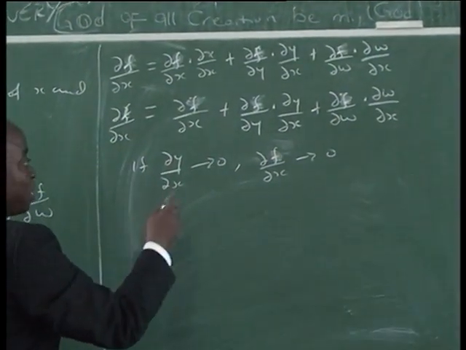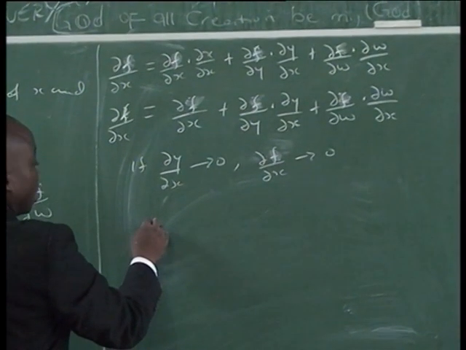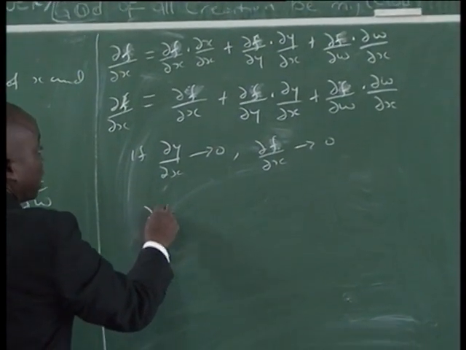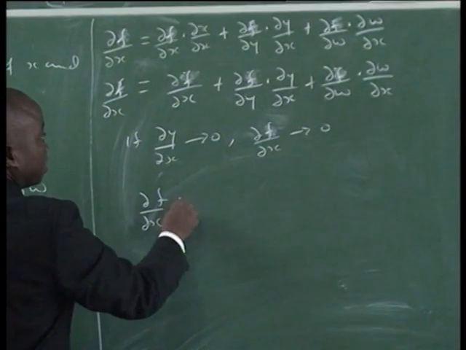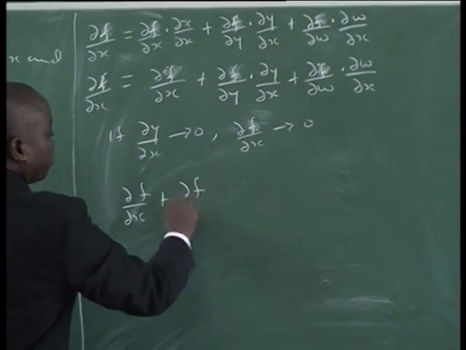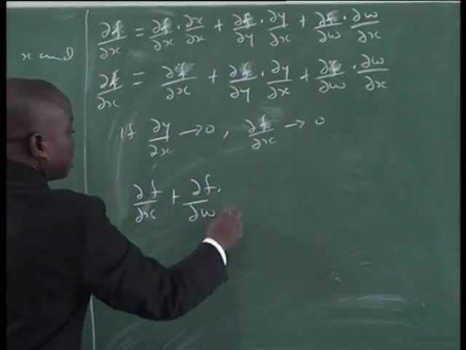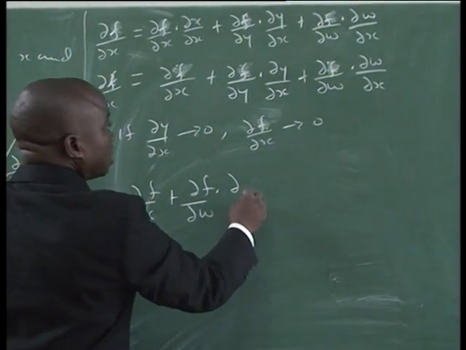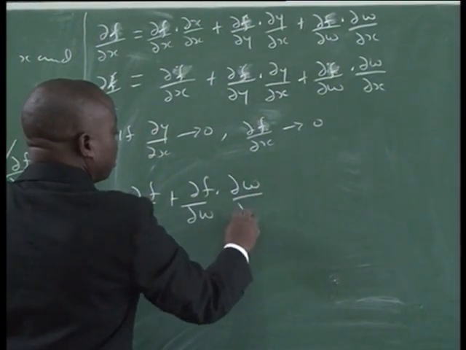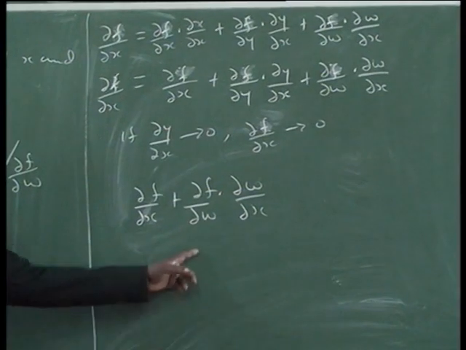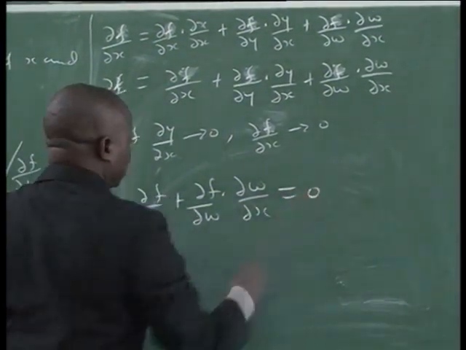Then what I will have here will be partial f, partial x plus partial f, partial w times partial w, partial x, like that, equals 0.